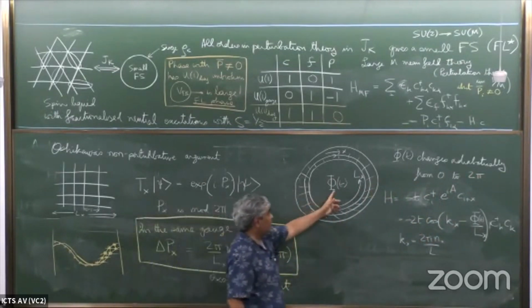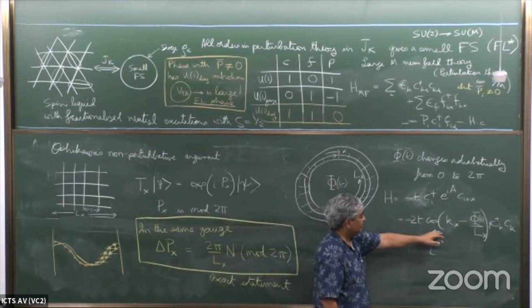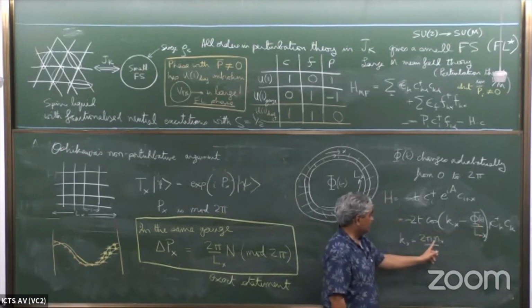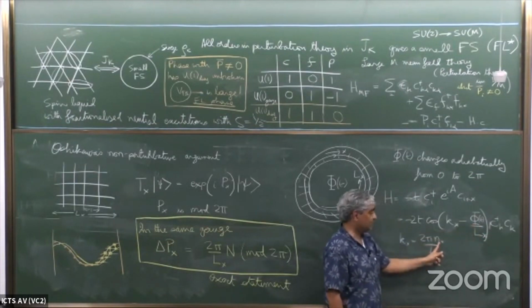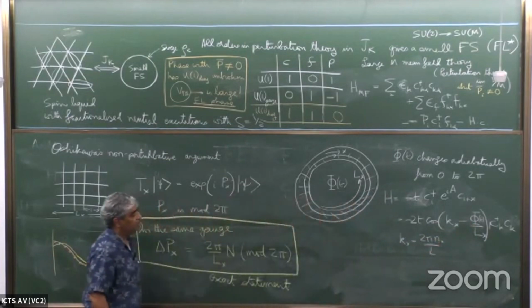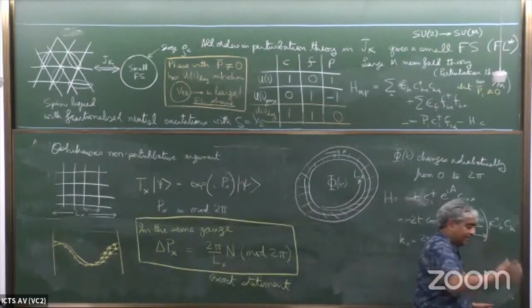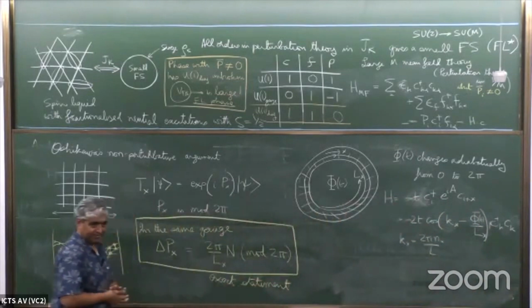But when I put in exactly flux 2 pi, I can see from this Hamiltonian that nothing is going to change, because I can just shift the momentum by 1 and absorb that shift. But I can only do that at 2 pi because n has to be an integer. Okay, so this is for flux changing from 0 to 2 pi. Yes. So I adiabatically and slowly follow the same state, insert flux 2 pi, and look at the change in momentum of that state. Thank you.